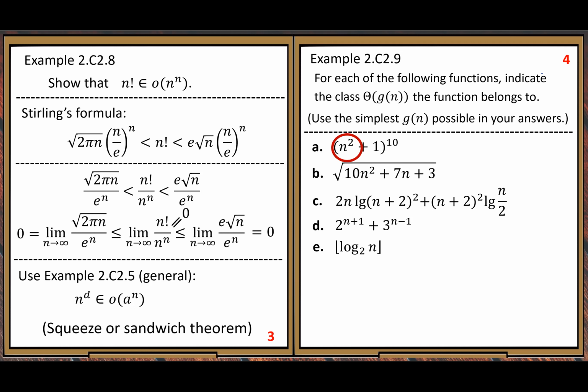The first one, we take the dominant term and drop the minor term. We know that minus 1 is very little, so we can ignore it. Just take n squared, and then raise it to the 10th power, you get big theta of n to the 20th. The first one is very easy. The second one, we also take the dominant term and ignore the minor terms.